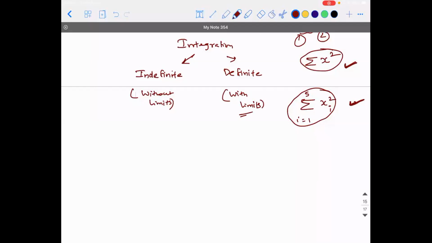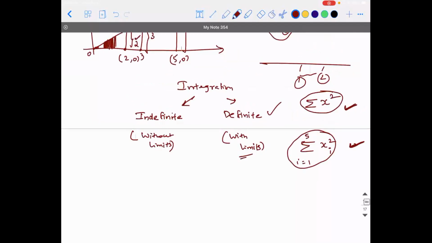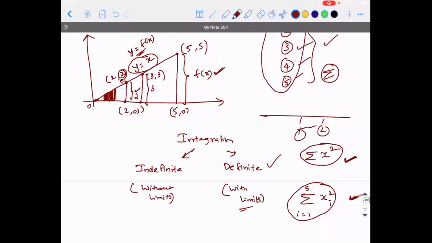So now my question is, what did I ask you in this context? I asked you to add all the function values between which two parameters? Between 0 and 5. By doing that, what do you think you are going to get? If I keep shading it like this, you will get the area under that curve.